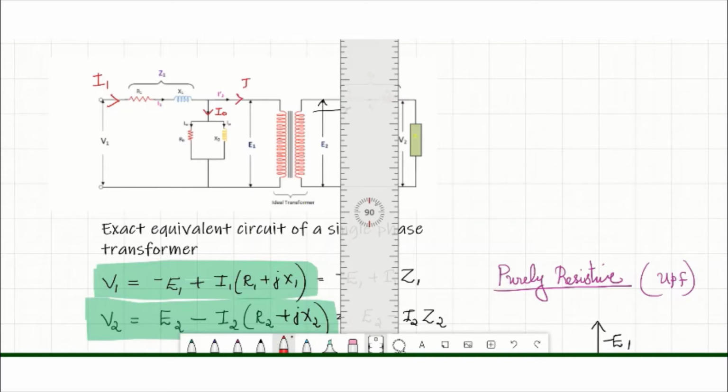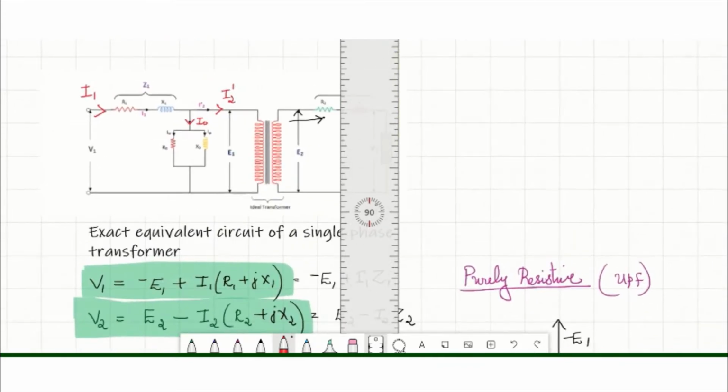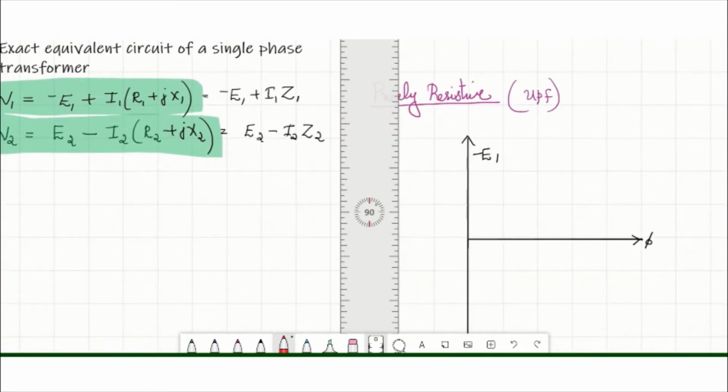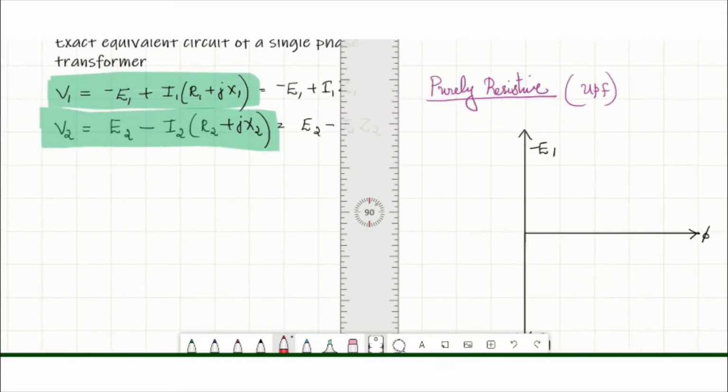Then another component I2 dash, which is the load component of primary current. So we have to draw I0 and I2 dash. From this diagram it is clear that I1 is the vector sum of I0 and I2 dash. So we have to draw both the phasors I0 and I2 dash, and then we have to draw the primary current I1.